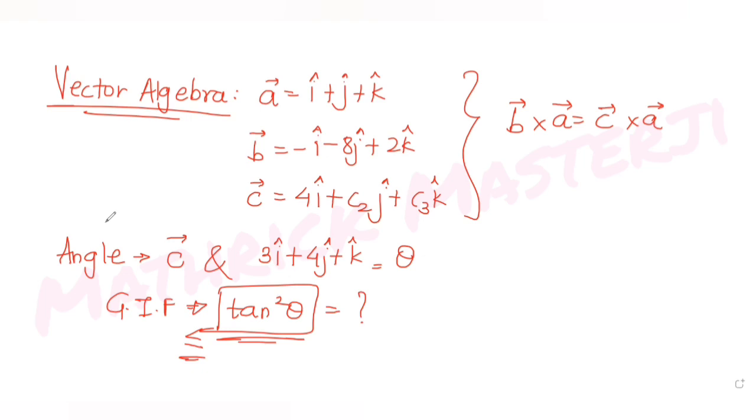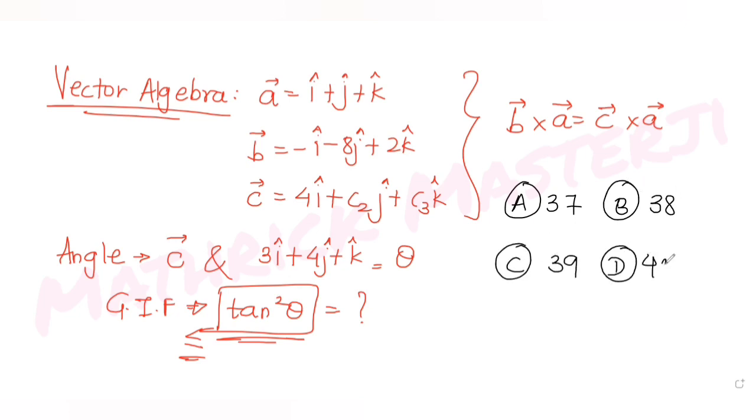The options given to us are 37, 38, 39, and 40. So we need to figure out which one of the answer choices is correct. Let's try to solve this question further and find the correct answer.